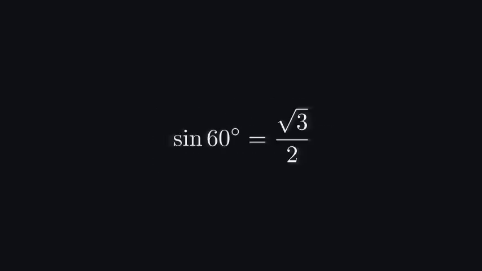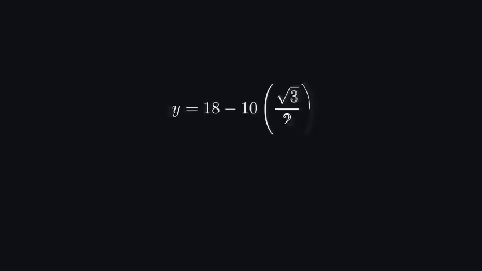Sin of 60 degrees equals the square root of 3 over 2. y equals 18 minus 10 times the square root of 3 over 2. y equals 18 minus 5 times the square root of 3.